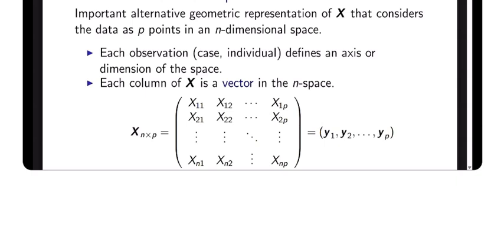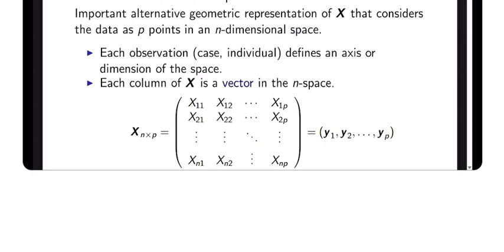Now, how do I view individual observations? If I want to do that geometrically, each observation is going to be the one that will define the axis. Of course, when you're talking about geometry, we talk about axes and we talk about the direction of the axes as well.